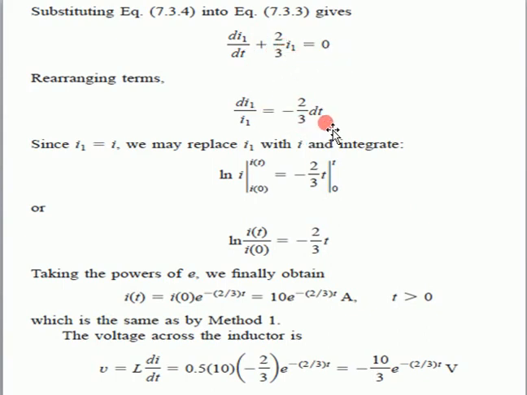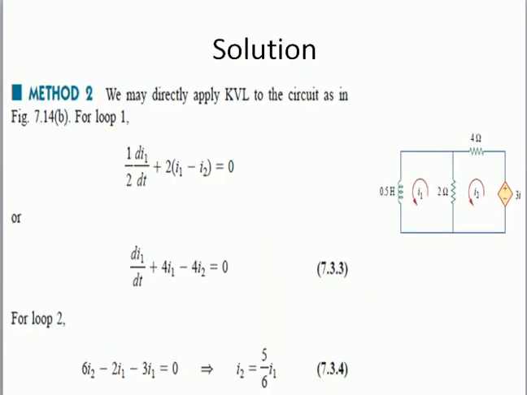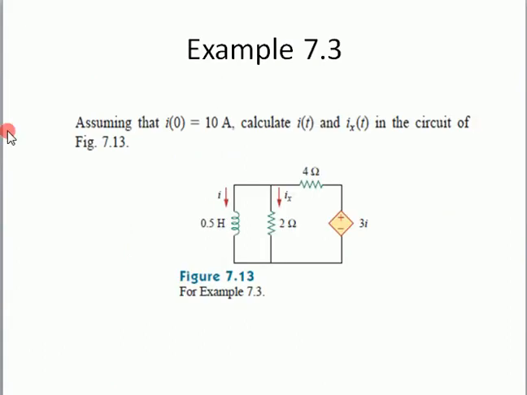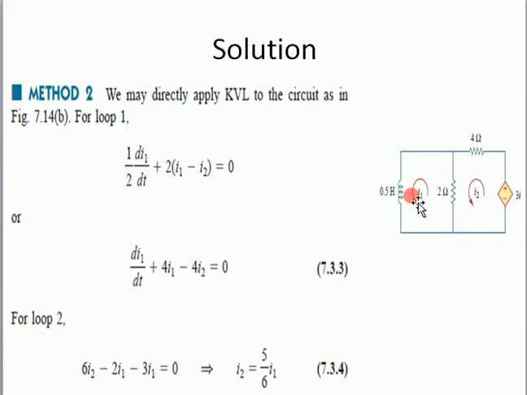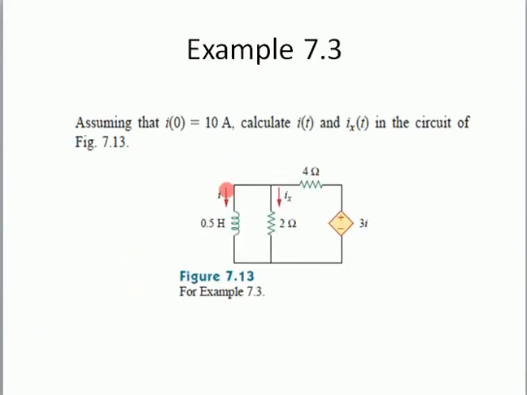After rearranging it and taking the integration on both sides, and also putting I1 equal to I. Why? This is basically the current that was here. This I is equal to I1. I1 is the current that is flowing through this inductor, and that is also equal to the I that is mentioned here.